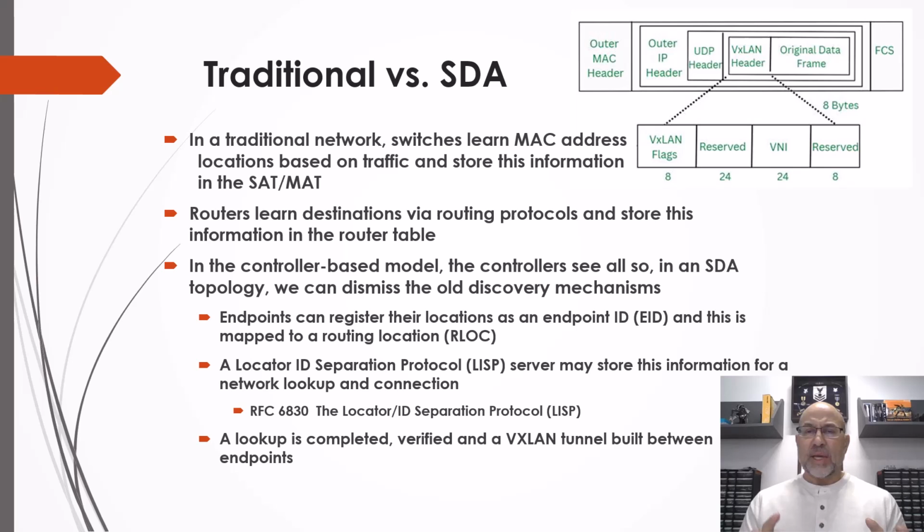So we can dismiss a lot of these discovery mechanisms that we have, and instead, the endpoints are going to register their locations with the edge devices, maybe the fabric edge devices. And then we're going to register those locations and another detail called the routing location with a server that's out there.